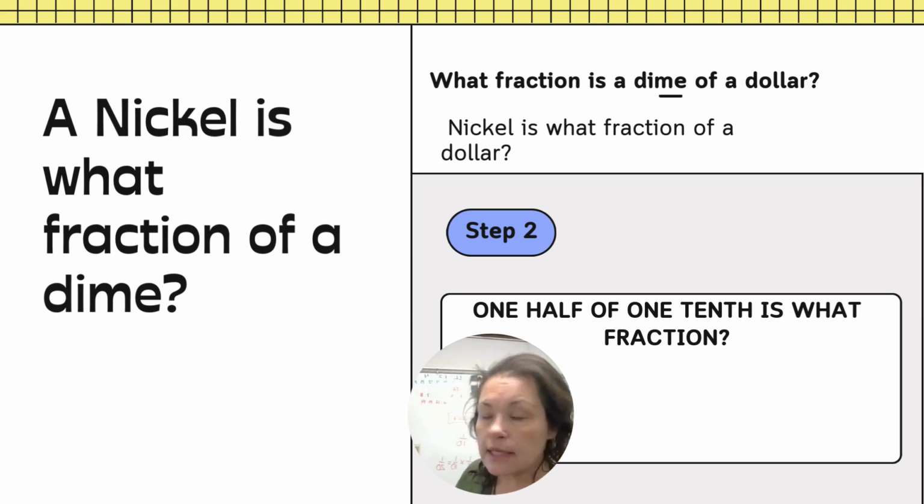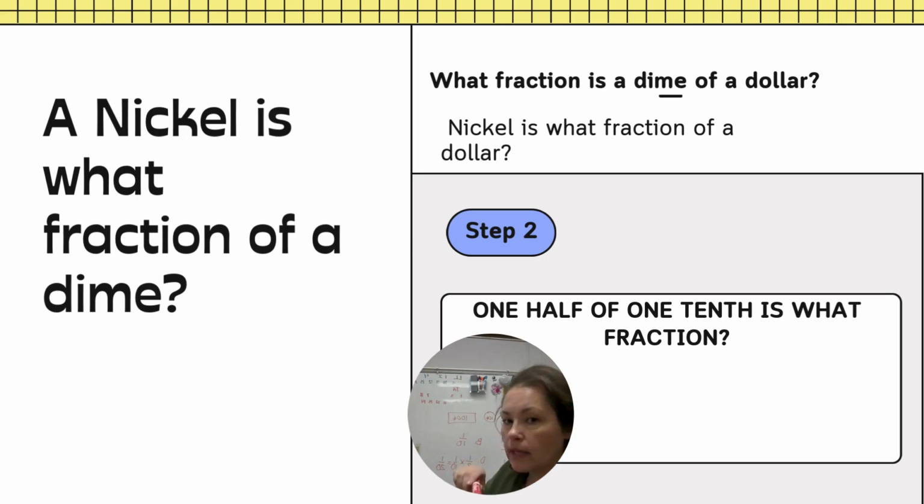What fraction is that? 5 cents of that 100? So you already told me that 10 cents is 1/10 of a dollar, and you already told me that 5 cents is half of 10. So what would 1/2 of 1/10 be?